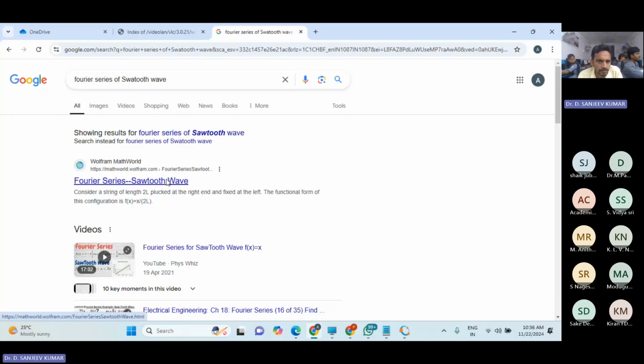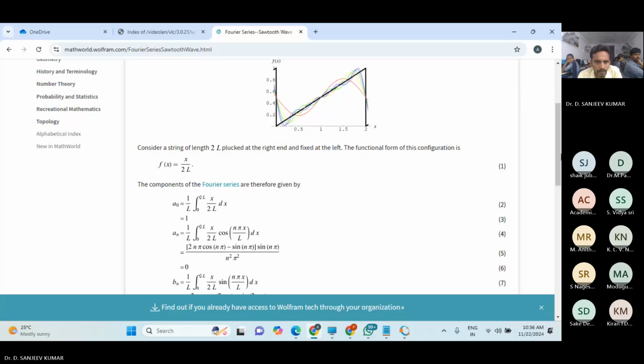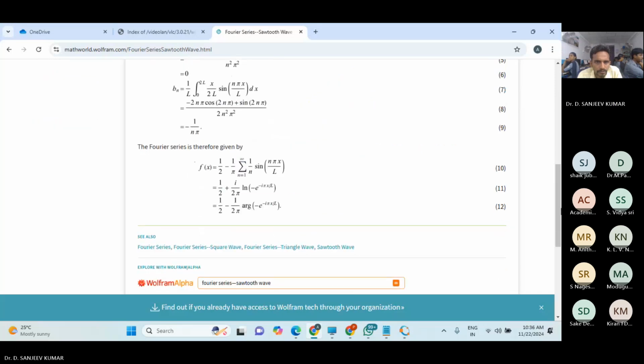The equation in Wolfram MathWorld is more convenient for us to write a program. Right, so the sawtooth wave consists of 1 by 2 minus 1 by pi sum over 1 to infinity 1 by n sin n pi x by L.